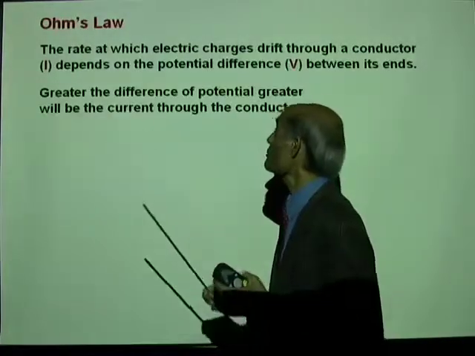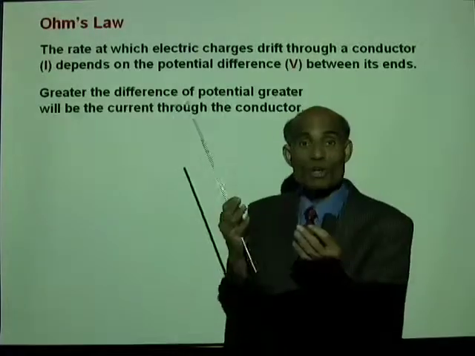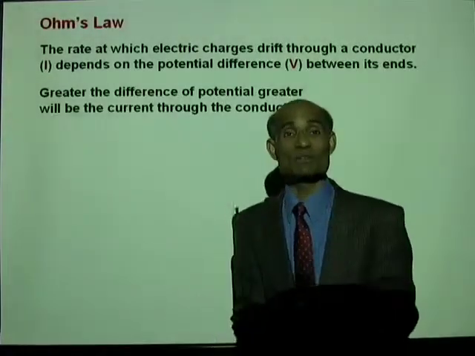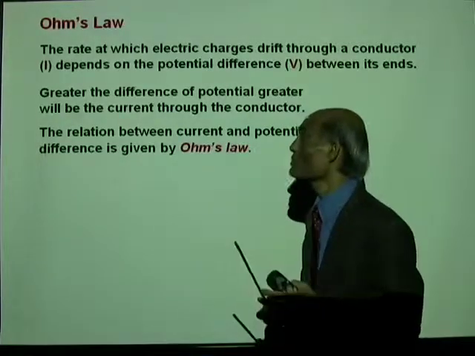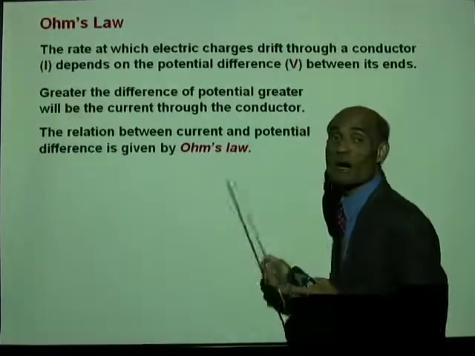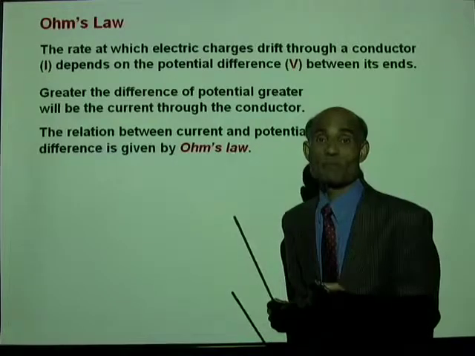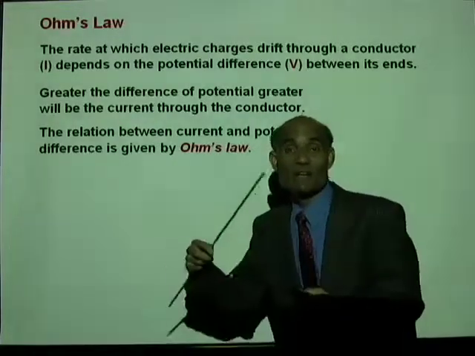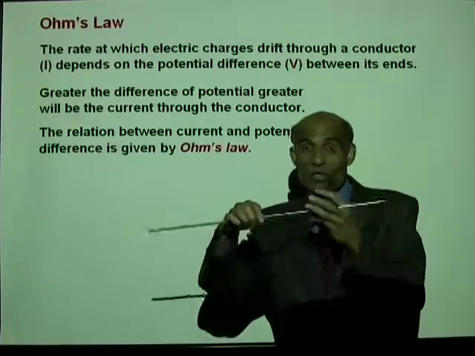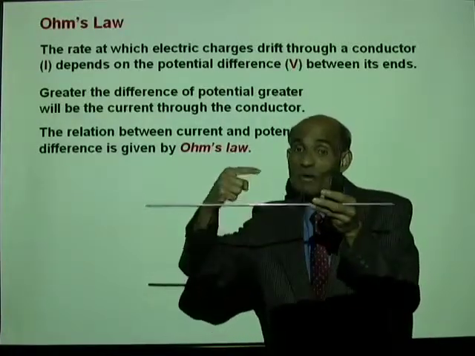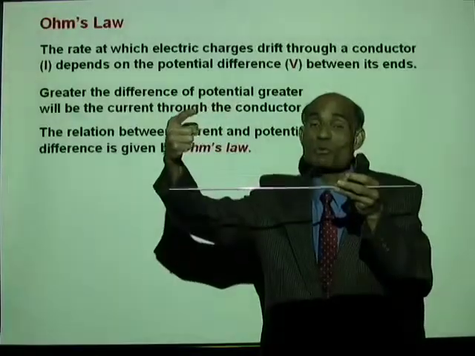Greater is the difference of potential, greater will be the current through the conductor. The relation between current and potential difference is given by Ohm's law. Now you can actually write down Ohm's law on your own. Current will be directly proportional to the potential difference.